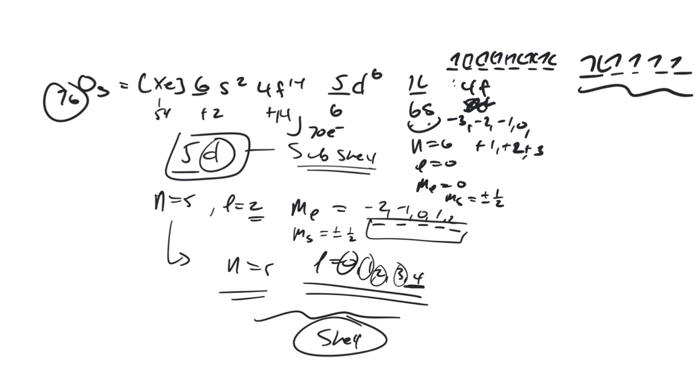It's Hund's rule that I'm using to spin pair those electrons and maximize the use of space, coming up with 4 unpaired electrons. The m sub l values are minus 2, minus 1, 0, plus 1, plus 2, so I have 5 m sub l's being used, n 5, l 2, etc.